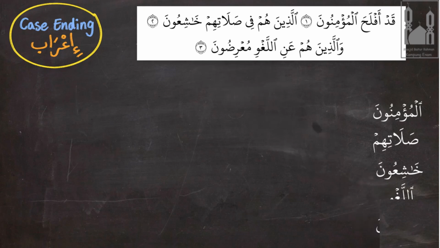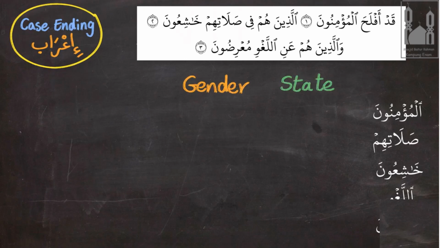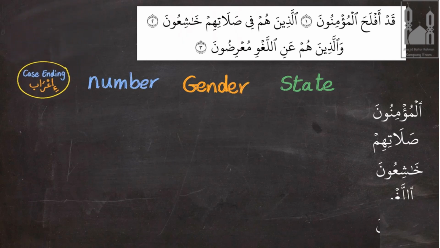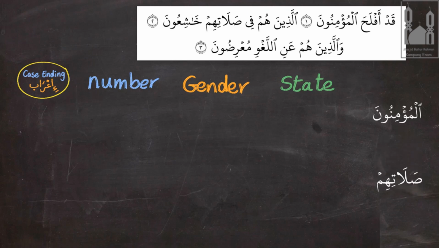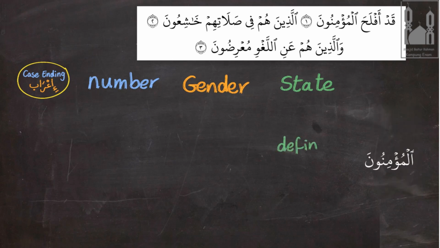And now we'll try to find out the 4 characteristics of the Arabic noun. The 4 characteristics are the state of the noun, is it definite or indefinite? The gender of the word, masculine or feminine? The number of the noun, singular, dual, or plural? And last, the case ending of the noun. The word al-mu'minun is definite because it starts with al.